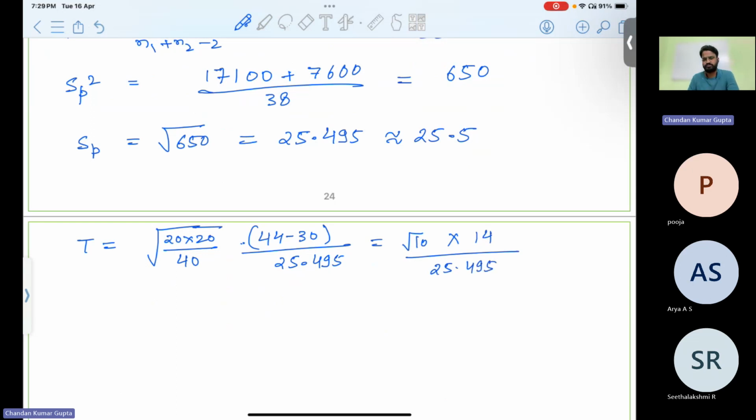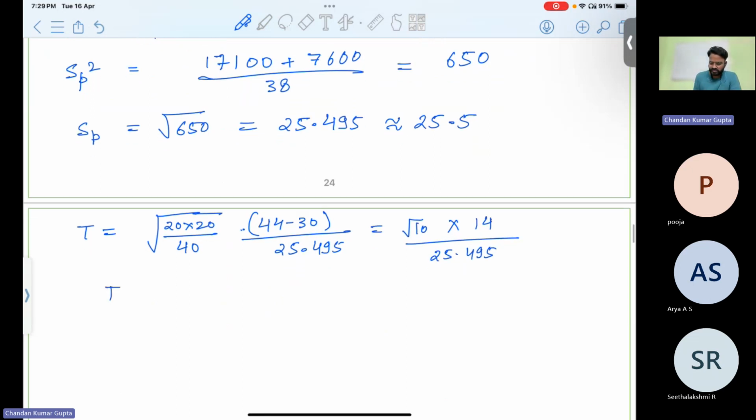I think there's a calculation mistake in my rough sheet, so make sure you get it right. My value is approximately 1.736. Make sure it is correct or not.